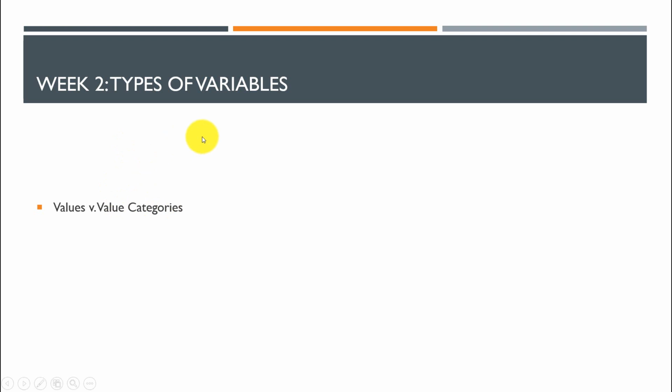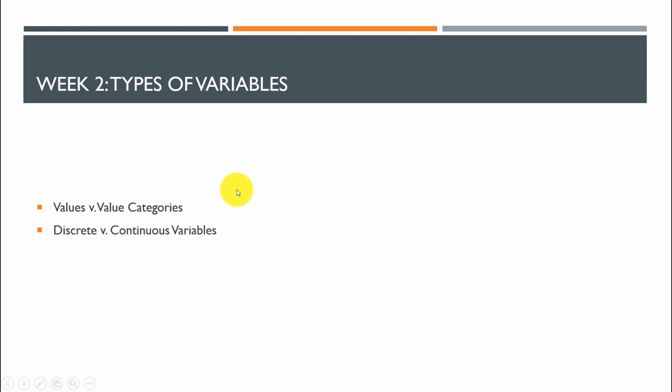Value categories would be like tabulating how many people identify as smokers versus non-smokers. Those can be tabulated. They're not necessarily values as much as we're getting frequencies of categories. So value categories versus values is the first thing we looked at, and we'll go over that a little bit more in a minute. But take a look at what else we did.